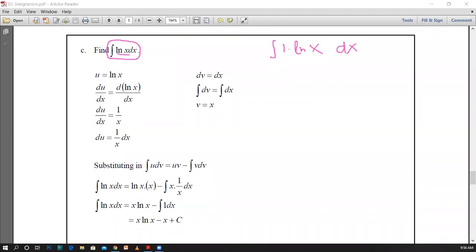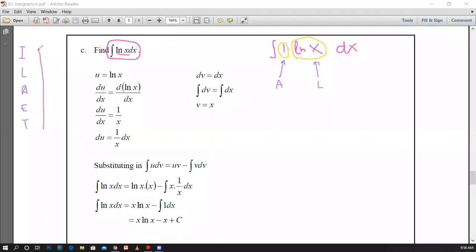dx. Now you can see that these are two separate functions. One is an algebraic function, and ln x is a logarithmic function. Accordingly, you can identify the type. If you use the ILATE concept, then logarithmic is on top of algebraic.